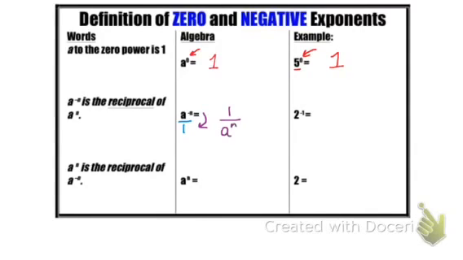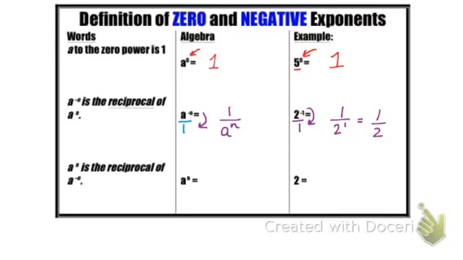So now I would have 1 over a to the positive n. So if I'm dealing with a number, 2 to the negative 1, that 2 to the negative 1 is still over 1, and then I'm going to rewrite it with a positive exponent, so I'm going to bring the 2 to the negative 1 down. So I'll have 1 over 2 to the positive 1, which is still 1/2.